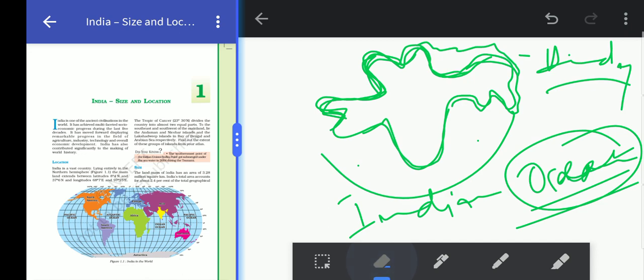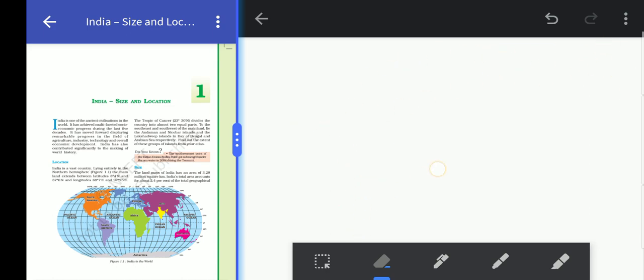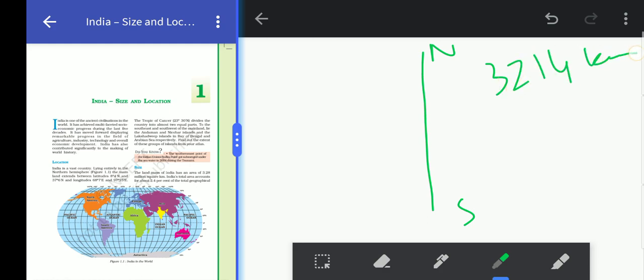Now let us find out the length. Let's see the length. Now to see the length from north to south, that is from, just say, Jammu Kashmir to Tamil Nadu, the length is how much? 3214 kilometer.